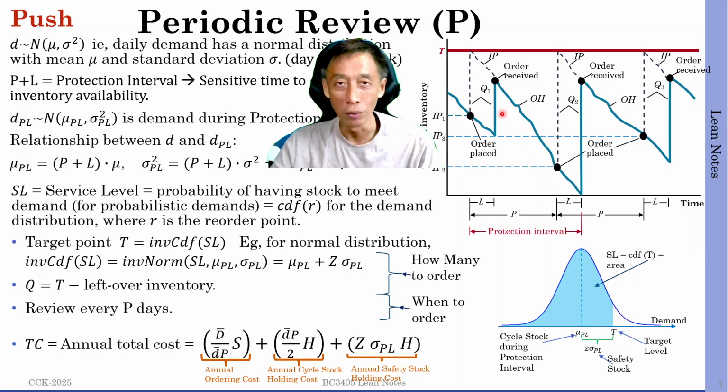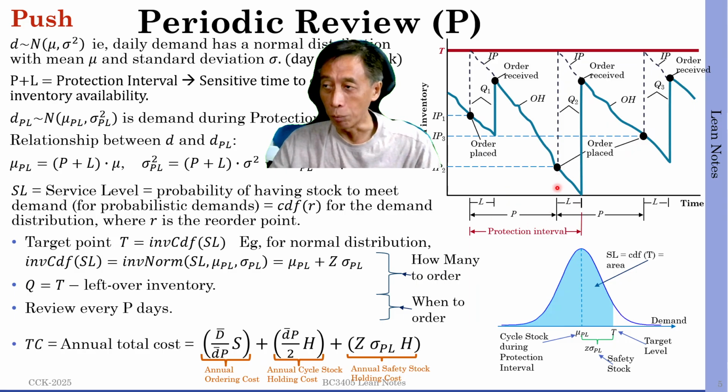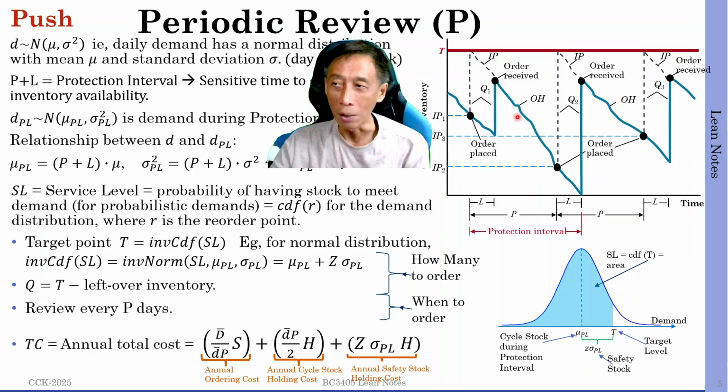Remember, periodic review requires little to no complicated barcode scanning, constantly knowing the inventory level, networking, IT systems and IT personnel. No need. It's a very simplistic kind of infrastructure. All we need is to set the periodic cycle. So P plus L, and once we realize we're out of stock, we are just taking care of this cycle. There's no way that we can patch up the previous cycle.